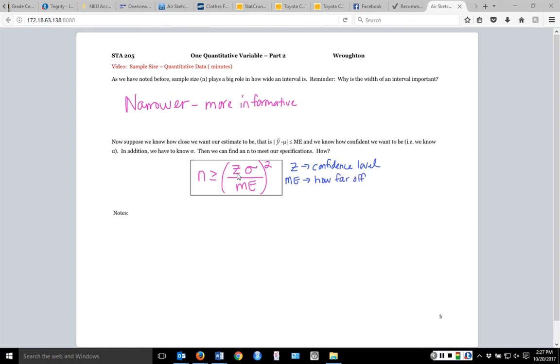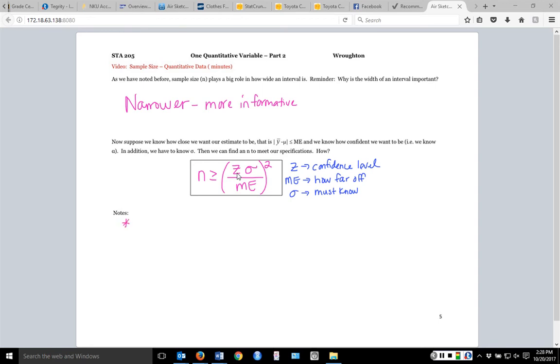The one that we need to talk about here is this sigma, and as it says here, we have to know it. Which, if you think about what we've done up to this point in this set of notes, seems like a problem. That third condition, when I did both a hypothesis test and a confidence interval, was that sigma was unknown. That's our biggest problem. So the first thing we have to do is realize that.